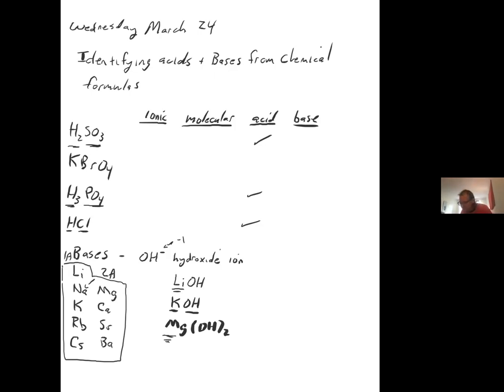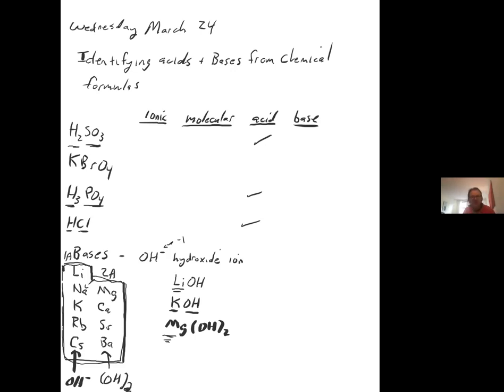And that's really the first category of bases, are these 9 metals attached to either one hydroxide, right? So here it's going to be 1 hydroxide. If it's in the second column, it's going to be 2 of the hydroxides. I'll write it this way, OH2 in parentheses. There we go, okay.